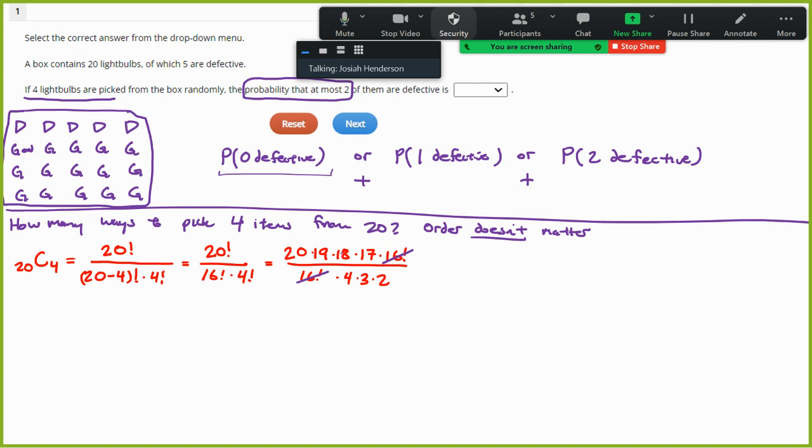Now we can do some simplifying here. 4 goes into 20 5 times, so I'm going to cancel the 20 divided by 4 and replace it with a 5. 20 divided by 4 is 5. 3 times 2 in the denominator is 6, and 18 over 6 is 3. So 18 on top divided by 6 on the bottom gives me a 3 left over.